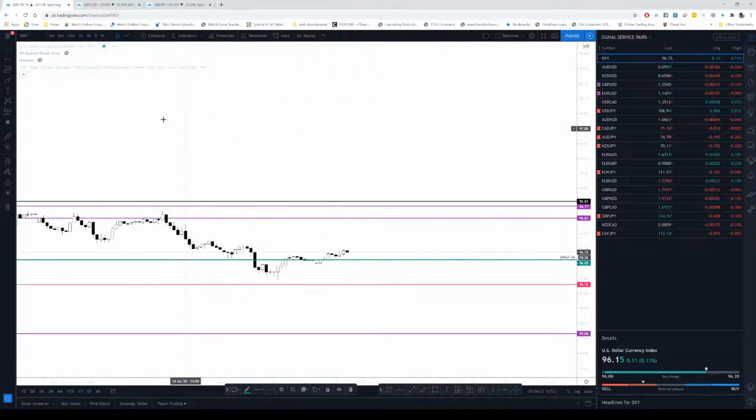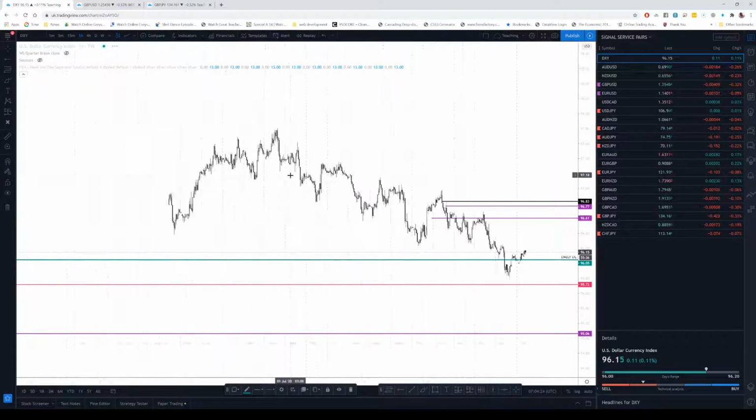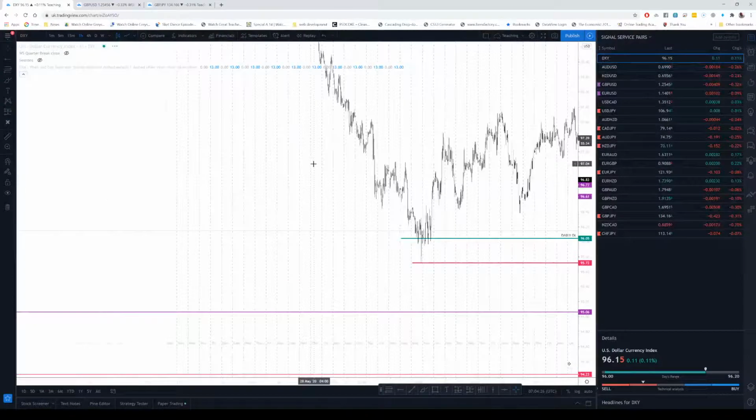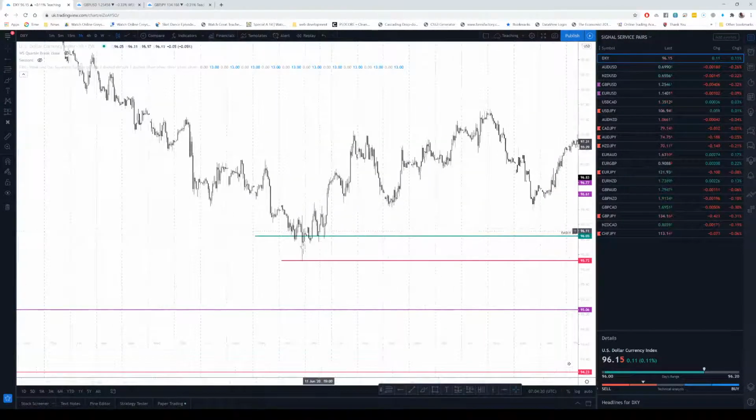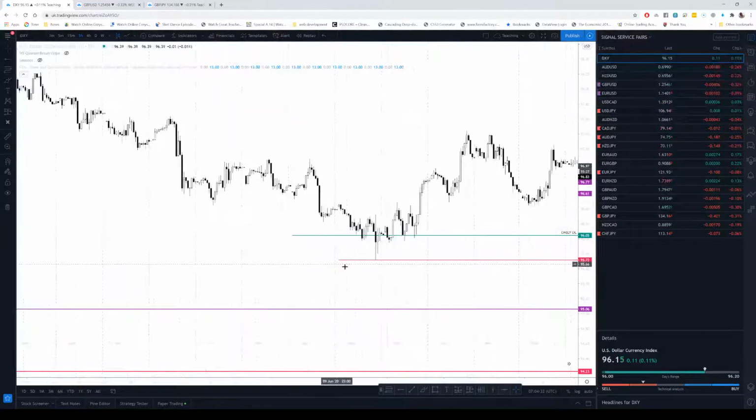Inside that wick, let's have a look what was in there. Is there anything that caused price to rally? Let's have a look on the 15 minutes.